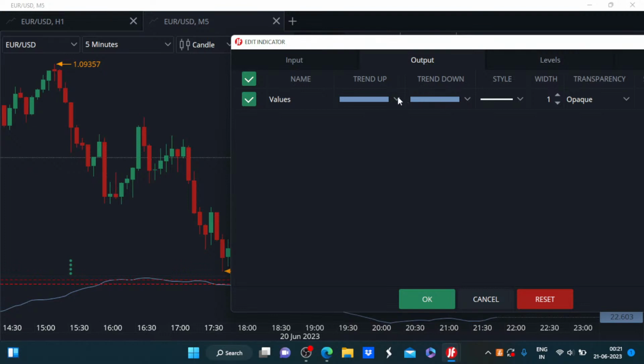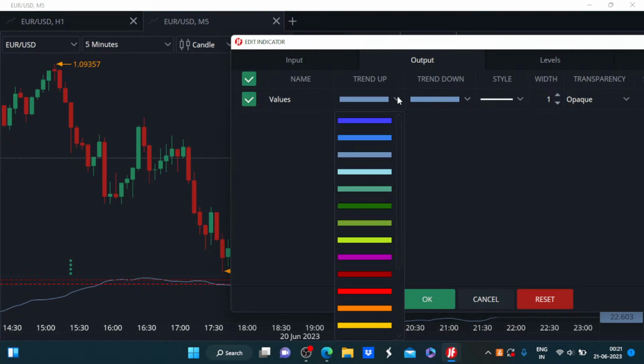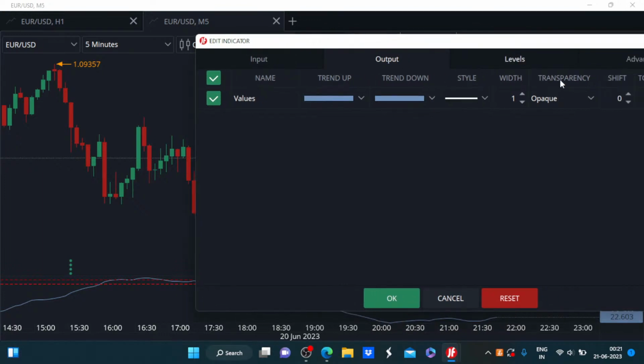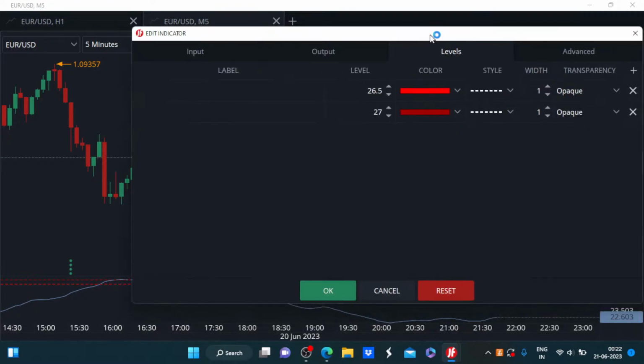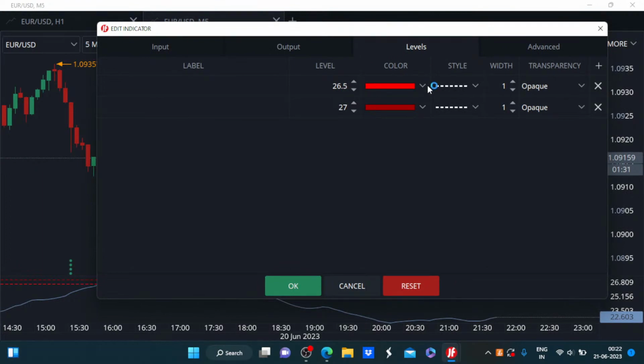The trend up and trend down can be defined in another color if you are not really a fan of the current color combination. Styling and also the transparency factor can be varied if you feel that the current output of these indicators is looking too prominent on the chart, and these are two important levels.